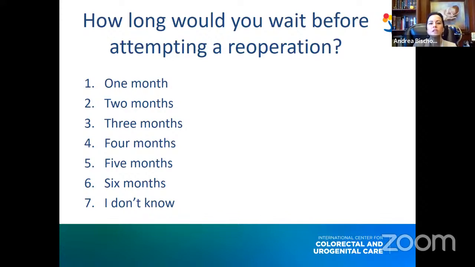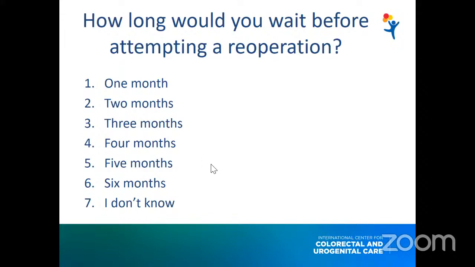So the next question is, how long would you wait before attempting a reoperation? 1 month, 2 months, 3 months, 4 months, 5 months, 6 months, or I don't know. Everybody vote. Okay, let's close the poll. 6 months.